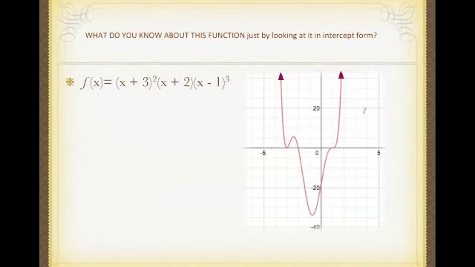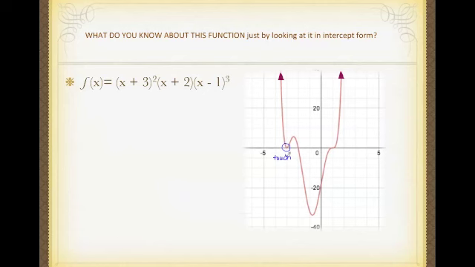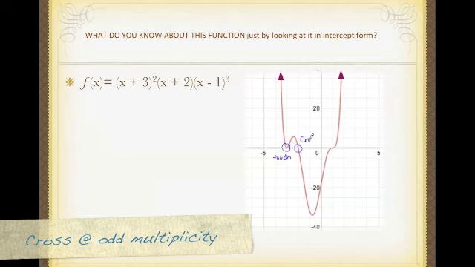One other thing that I want you to take note of about this graph is what happens at the x-axis with each one of these factors. So here we say that the graph touches the x-axis. Here it crosses it, and here it crosses it.